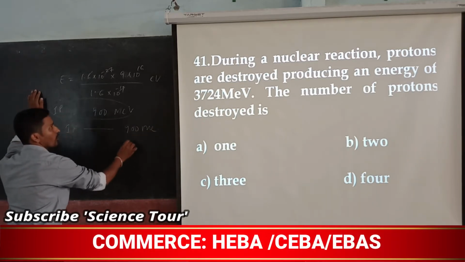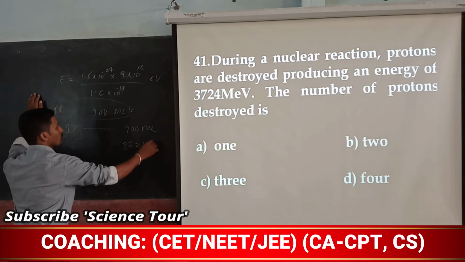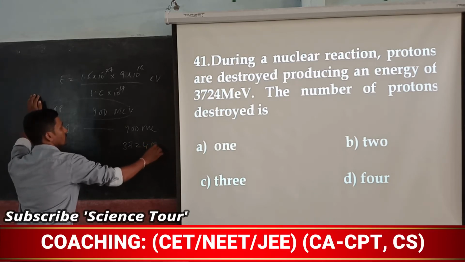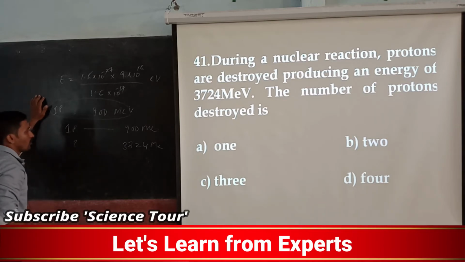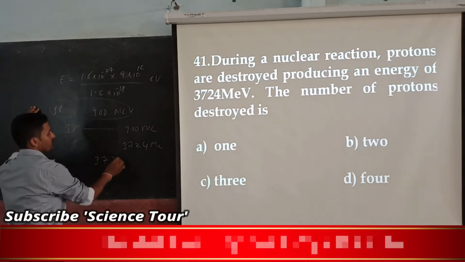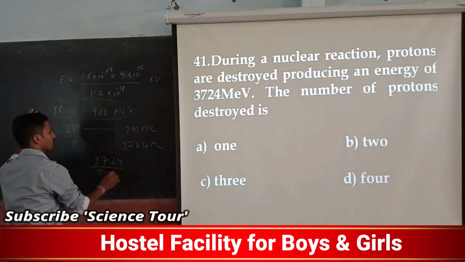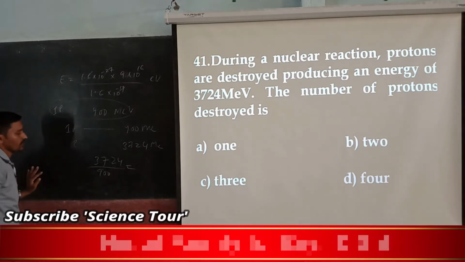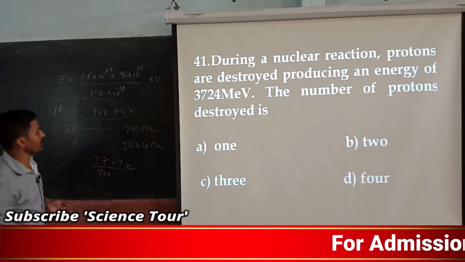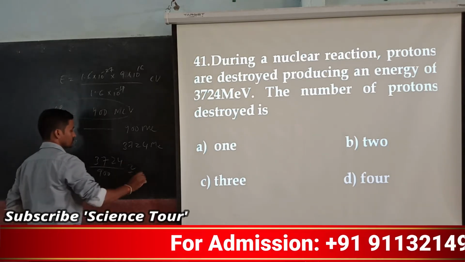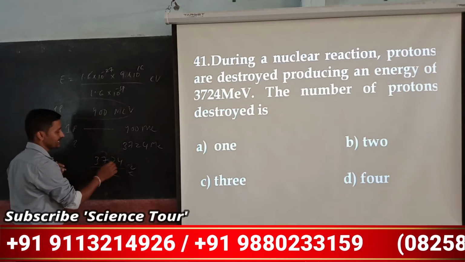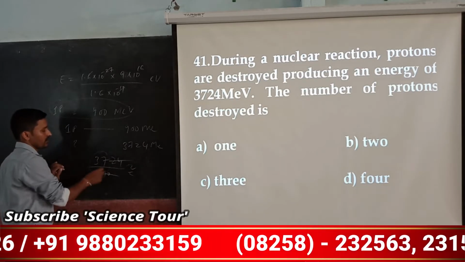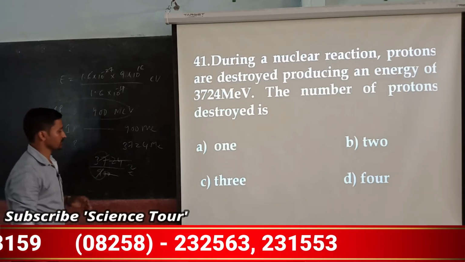Then for 3724 MeV, how many protons are you going to get? That is 3724 divided by 900 you are taking, isn't it? So nearly equal to how much? 36 and 9, isn't it? Two digits, two digits, leave it. 9 ones are 9, how much?